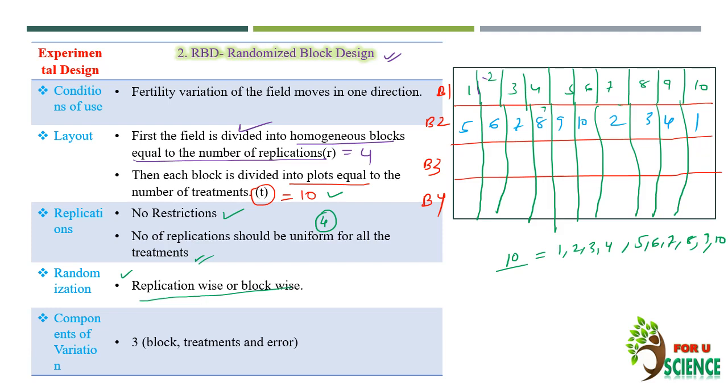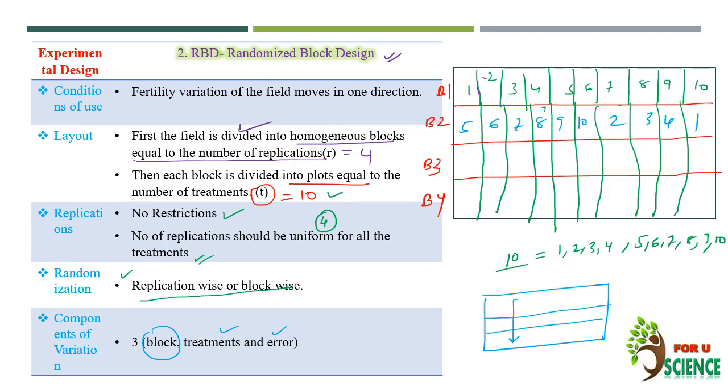Okay, what are the components of variance present here? In a completely randomized design there is only treatment and error. Here we can see there is a block component, that means there is variation block-wise. If the field is heterogeneous, the heterogeneity moves from one direction, and we are dividing it into homogeneous blocks.